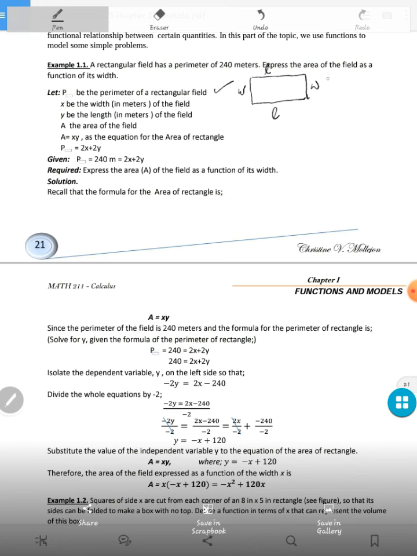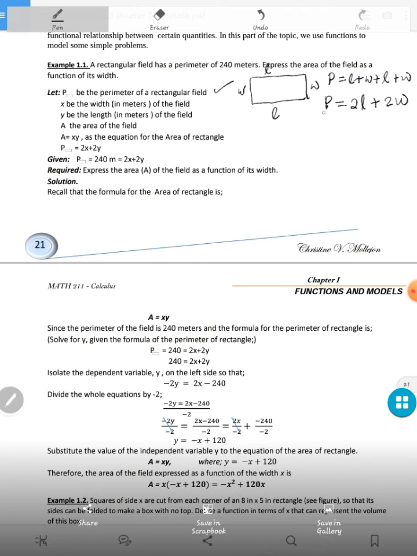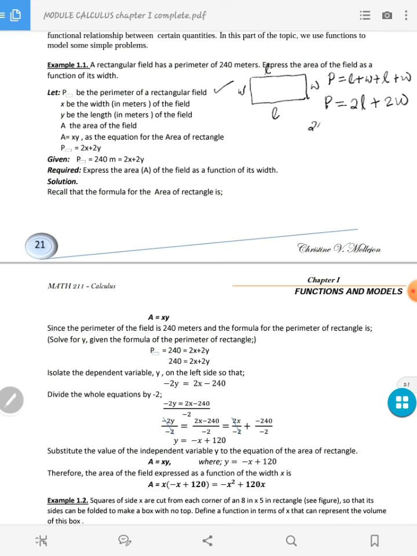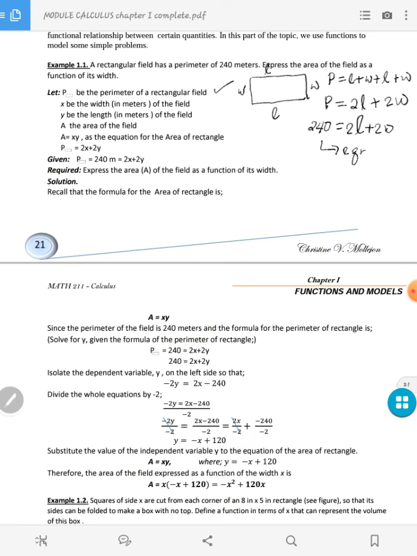So for the formula of the perimeter, we have length plus width plus length plus width, which is equivalent to 2 times length plus 2 times width, the perimeter of the rectangular field, given as 240 meters. So we have 240 equals 2 length plus 2 width. We will let this be our equation number 1.